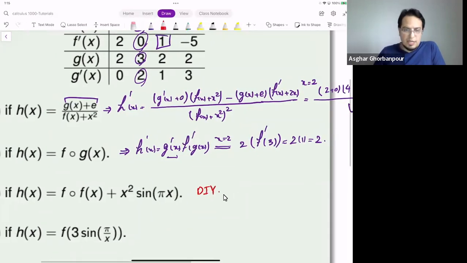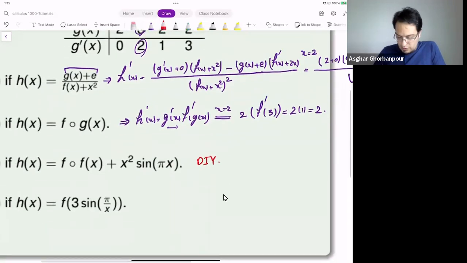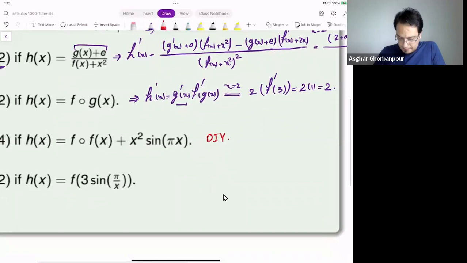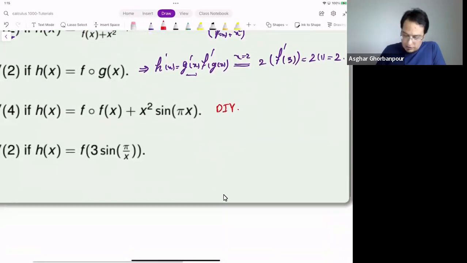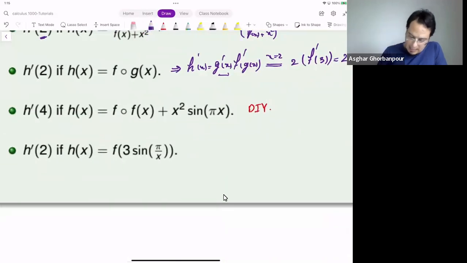I will leave this one for you to complete. This is not only the chain rule, but the sum rule and product rule are also there. I'll do this one. So h prime at x: I see that f is composed with this.